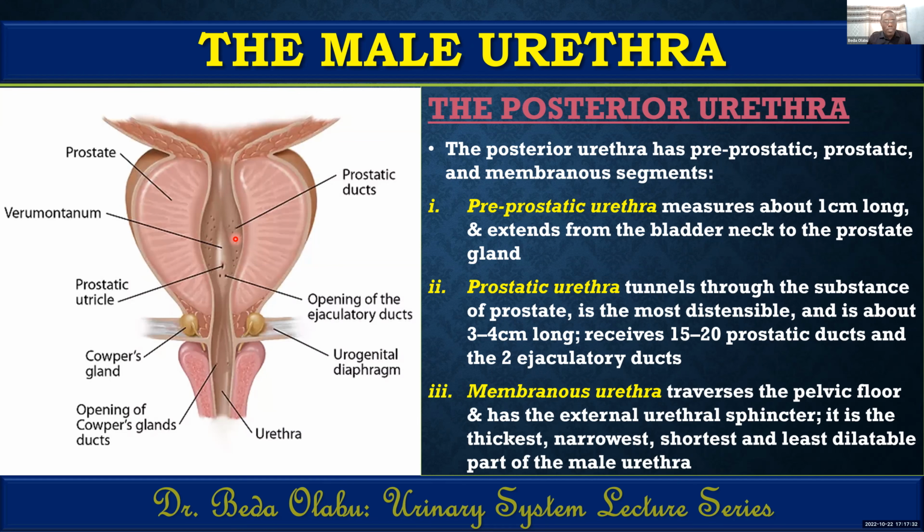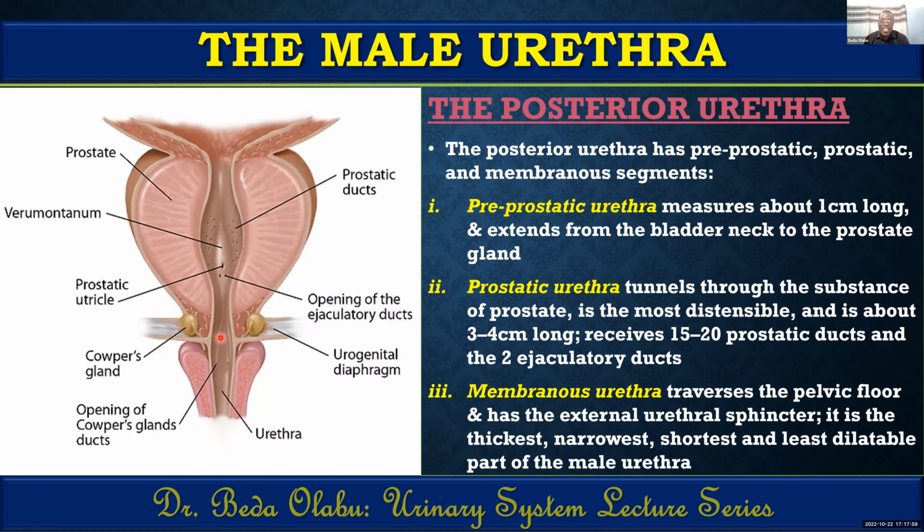The last one is the membranous urethra. The last segment of the posterior urethra is the membranous urethra. This is the part of the male urethra that traverses the pelvic floor. This part of the membranous urethra is the one that is surrounded by the external urethral sphincter. So this is the one that is under somatic control, voluntary control.